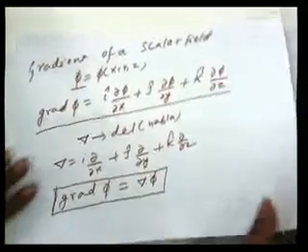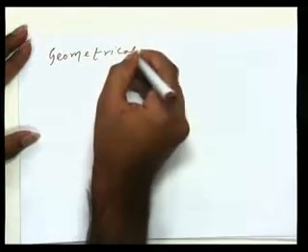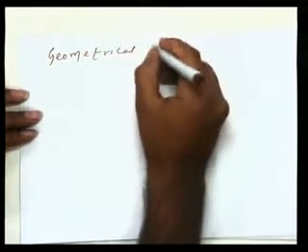This is where we finish the gradient of a scalar field, and the next topic that comes is the geometrical interpretation of a gradient.